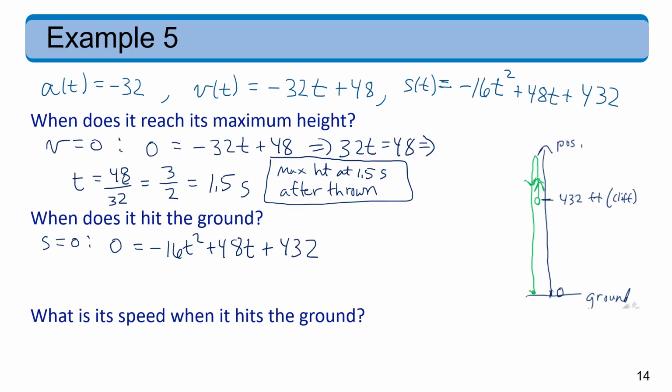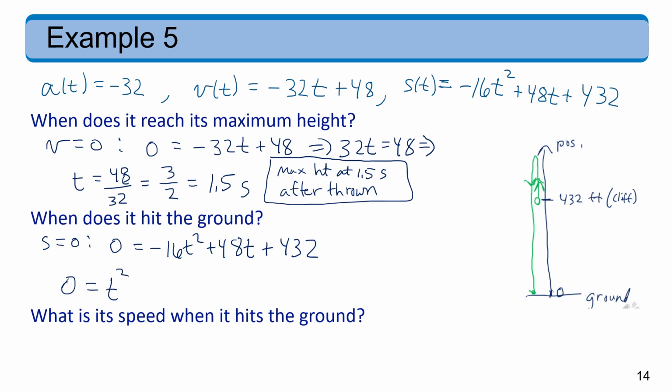It's a quadratic, so we know we could solve it. It might make it a little bit easier to solve if we divide by -16. That'll cancel out the coefficient in front of t squared. So when we do that, we'll get 0 over -16 is still 0. And then on the right, we'll have t squared.